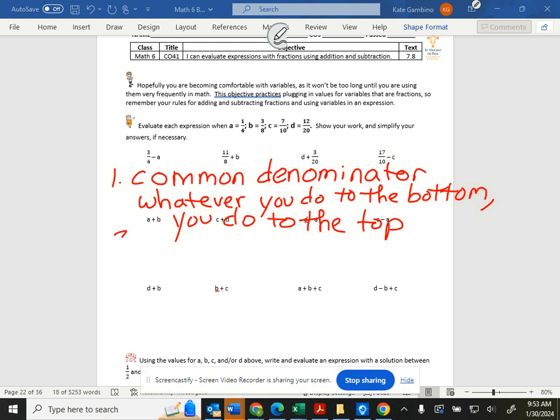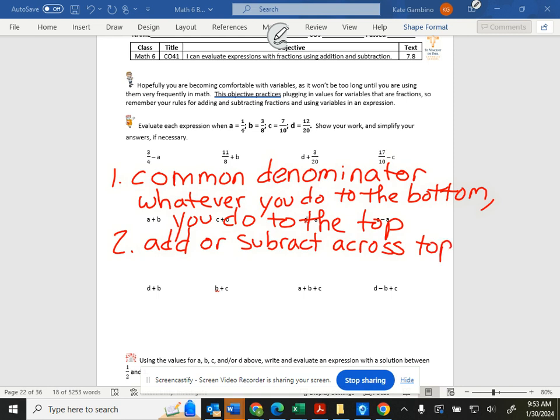Second step, we have common denominators now. What do we do? Two fourths plus 3/4. What do we do, Ruby? Add or subtract across, top or bottom?